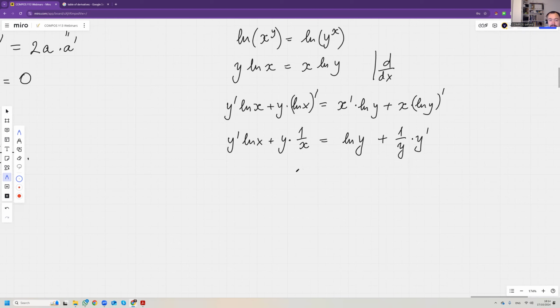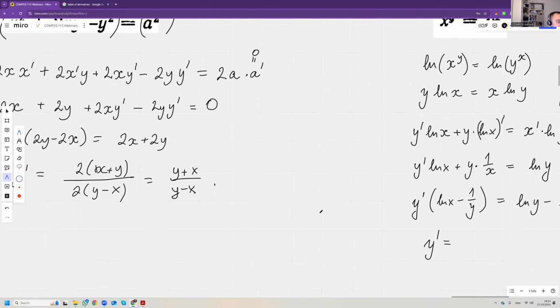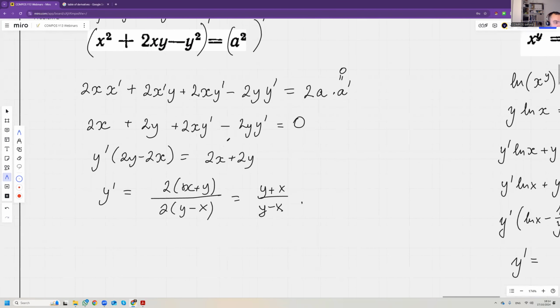And then you just bring them to one side. So y prime ln x minus x over y equals ln y minus y over x, and y prime. Oh, we needed to find the second derivative as well.